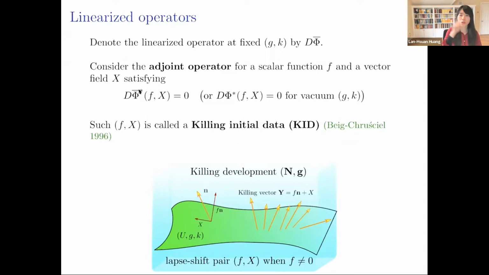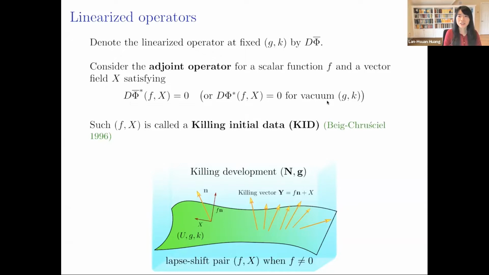It's really integration by parts against the pairing function, the formal adjoint operator. The adjoint operator acts on a pair of a scalar function and a vector field, f and X, and we're looking into the kernel of the adjoint operator.